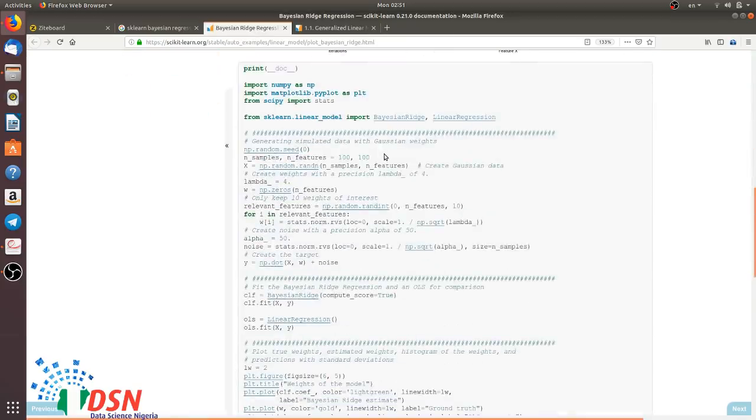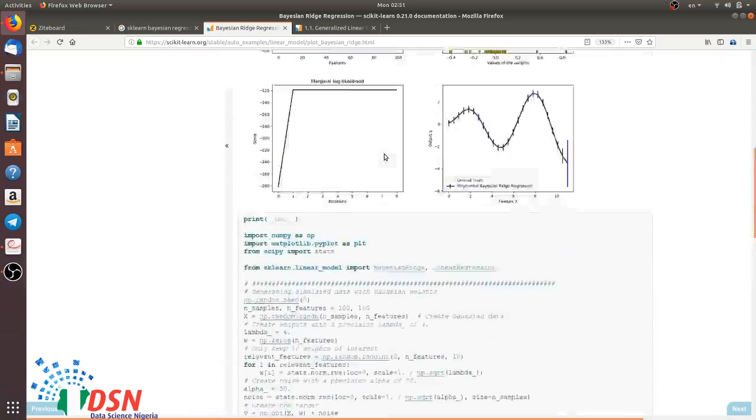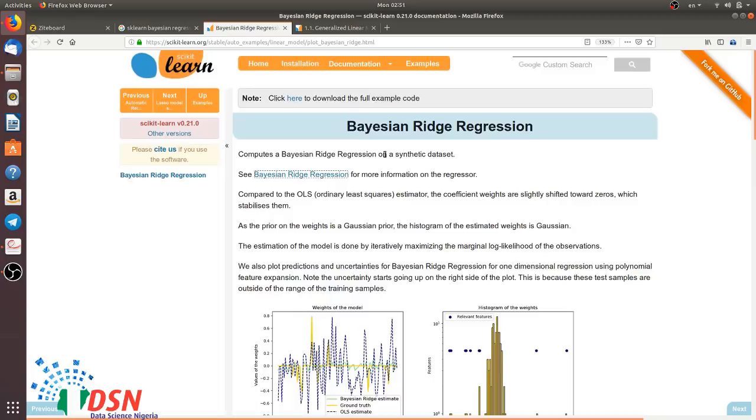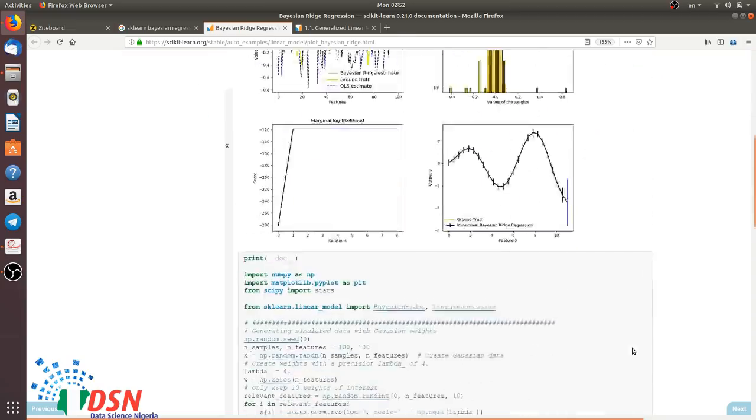And scikit-learn has some examples about Bayesian ridge regression. As you could see in here, this is the histogram of the weights. It is something like a Gaussian, because we supposed that we have a Gaussian prior on the weights. So we have something like a Gaussian in the histogram.